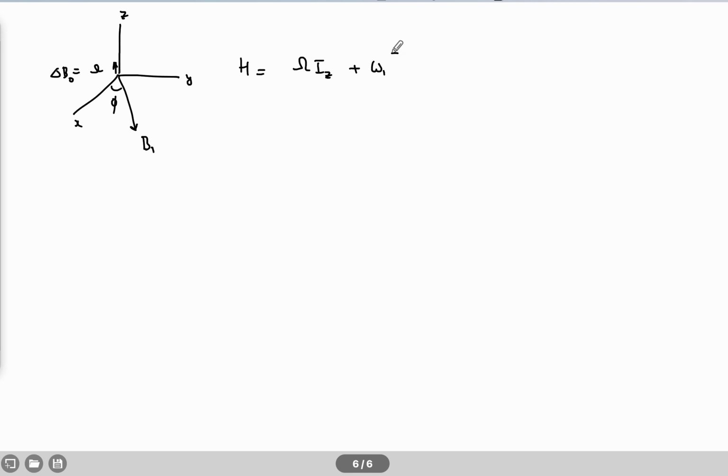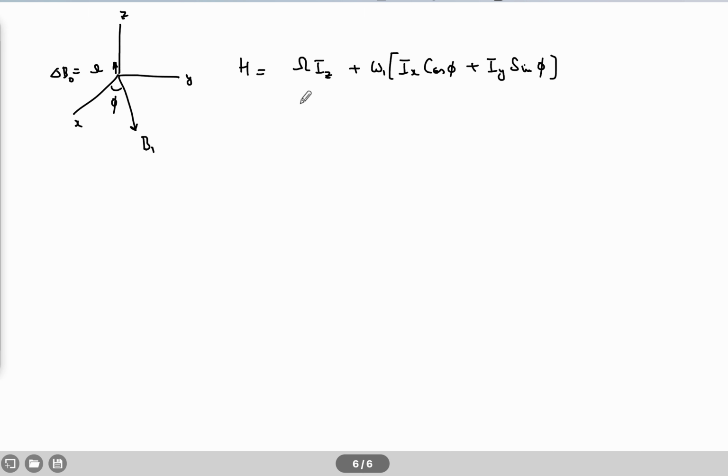Okay, and this is Ix cos phi plus Iy sin phi. So this we have learned how to derive in the rotating frame, right? So this is a general expression for any Hamiltonian for any RF pulse.